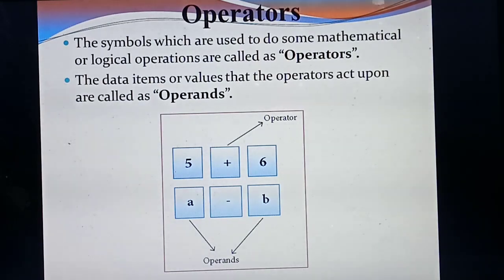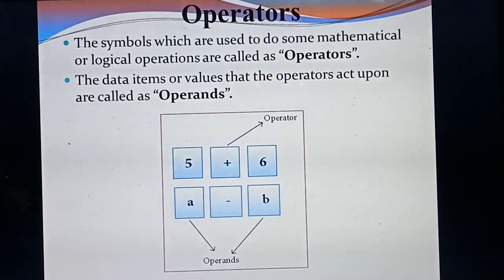Next one is operands. What do you mean by operands? The values or data items on which the operators act are called operands. For example, adding 2 numbers, a plus b. Plus is the operator.